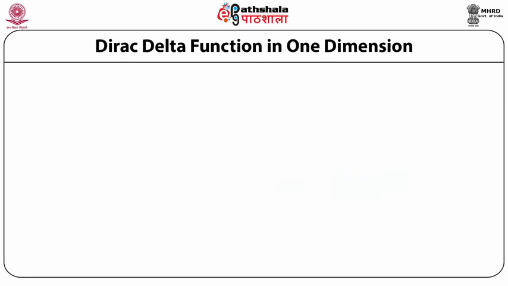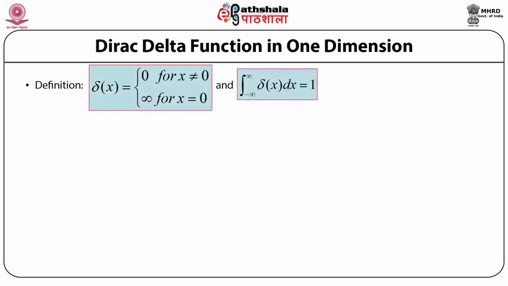Dirac-delta function in one dimension. Now, from the discussion we were just having regarding the vector function A as a function of vector r, equal to 1 upon r squared times unit vector r, where we saw that the divergence of this vector function is 0 but the volume integral of the divergence according to Gauss's divergence theorem gives a value of 4 pi, using these properties we can define the Dirac-delta function: delta x is equal to 0 for all values of x not equal to 0 and is equal to infinity for x equal to 0.